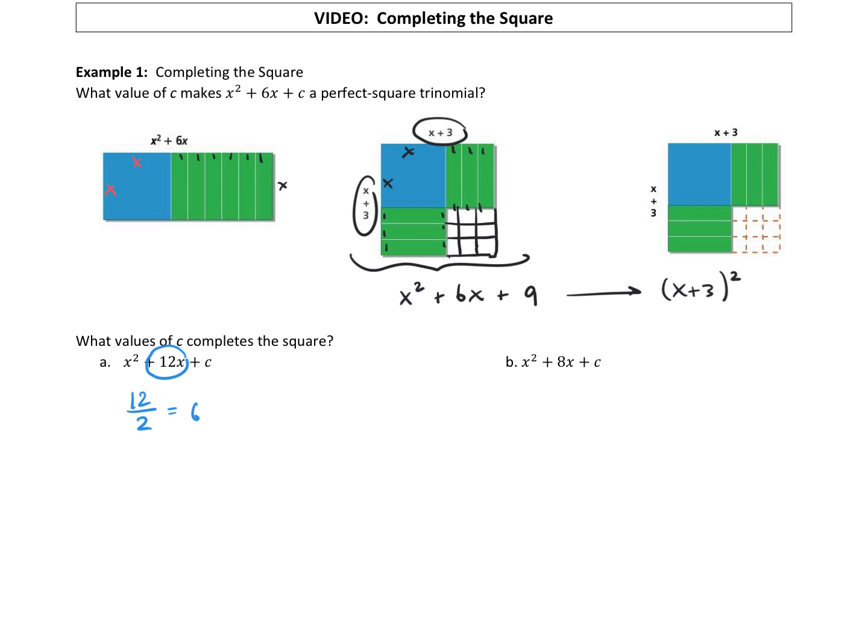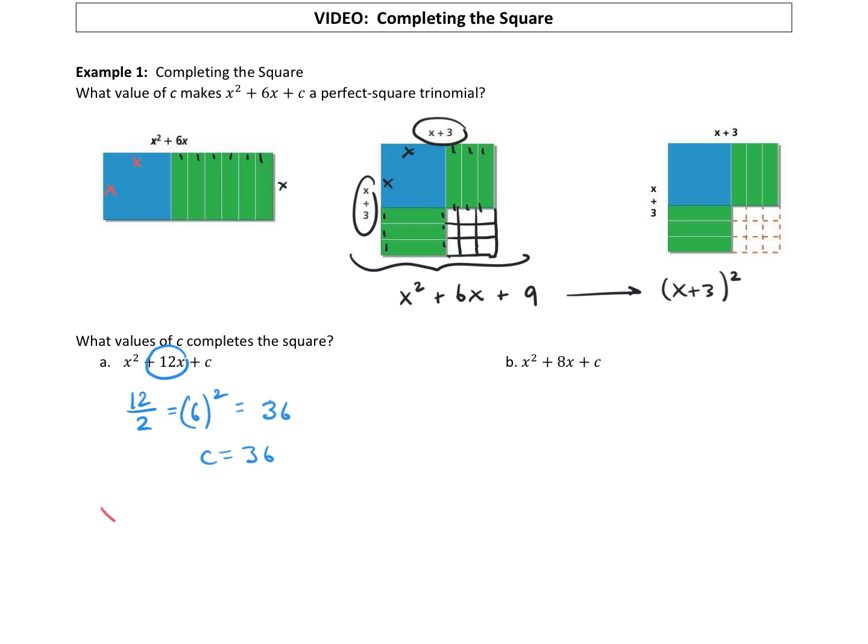Up here, when we split the 6x in 2 and we got 3, then we had to complete the square by doing 3 times 3. So we take that 6 and then we square it and we get 36. So c is equal to 36. That's the value that completes the square.